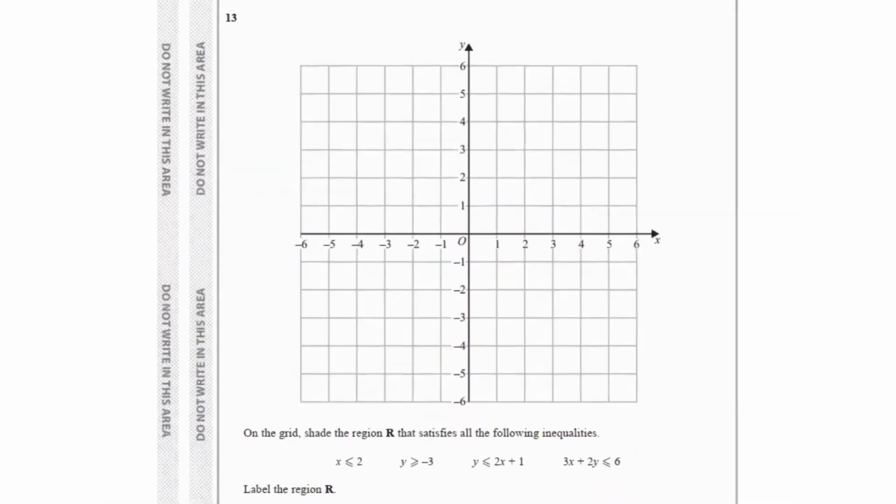Question 13 says on the grid, shade the region R that satisfies the following inequalities. So first one is x is less than or equal to 2. So we draw a line at x equals 2, and this is going to be our shaded part.